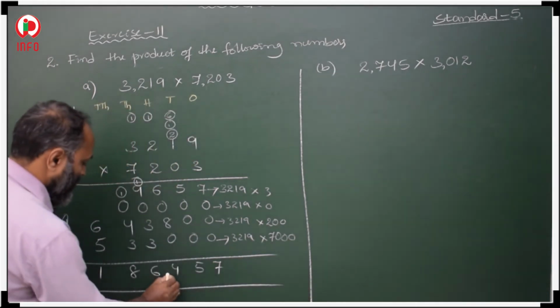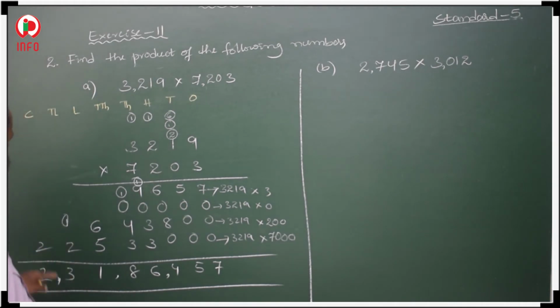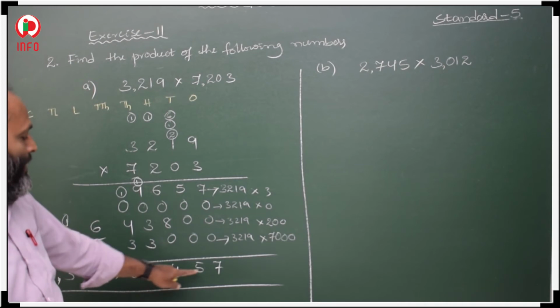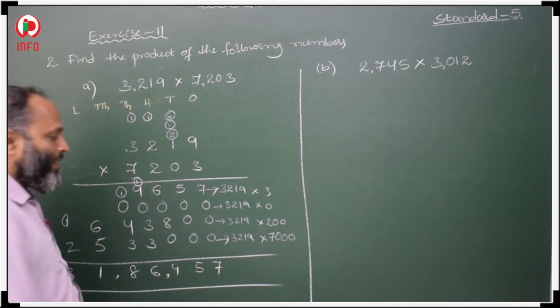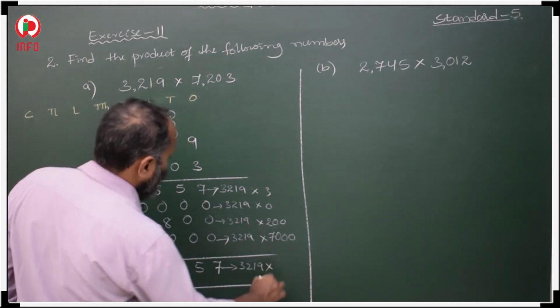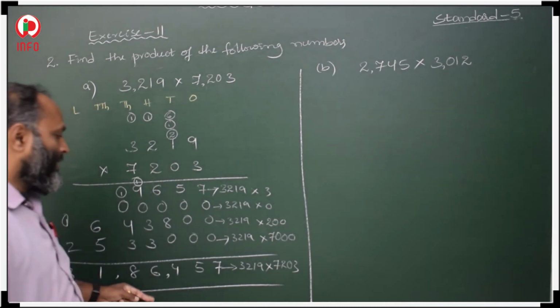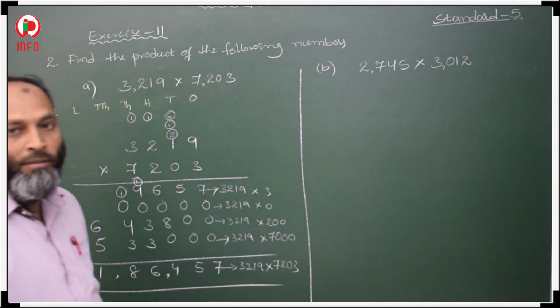Then 2 crore 31 lakhs 86,457. So this is our product. So 3219 when we multiply with 7203, then this product we will get.